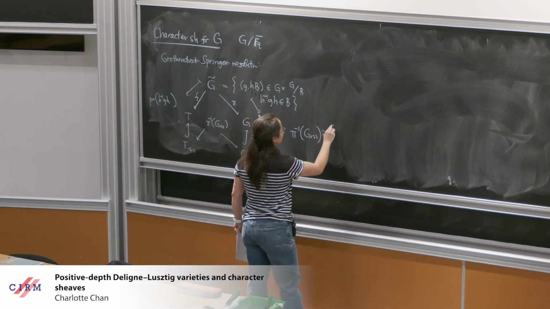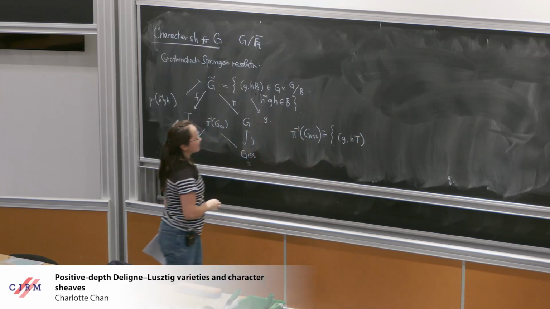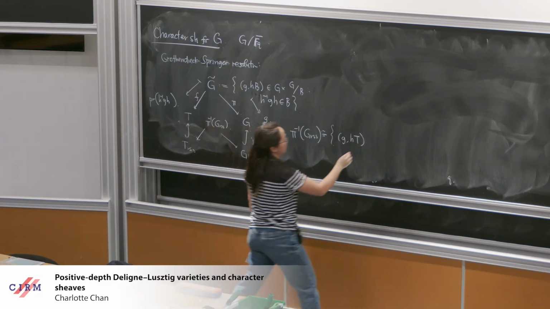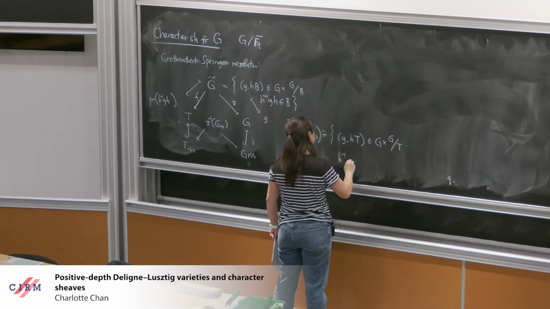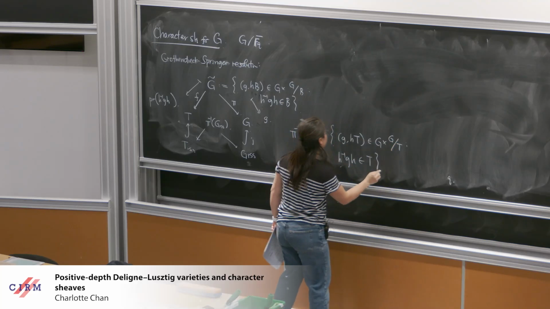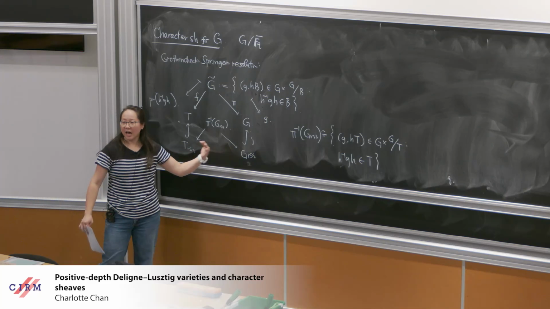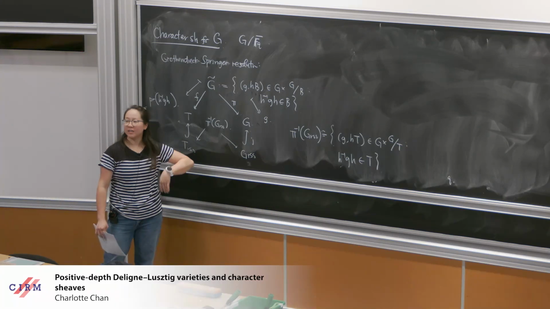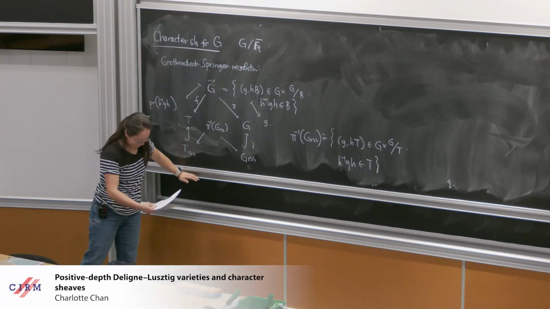This thing is, in fact, also the same as the set of all pairs g comma hT, such that h inverse g h is inside T. So that means that by restricting to the regular semi-simple locus, I've removed B from the picture. I can do everything in terms of T, nothing dependent on B now. Okay.